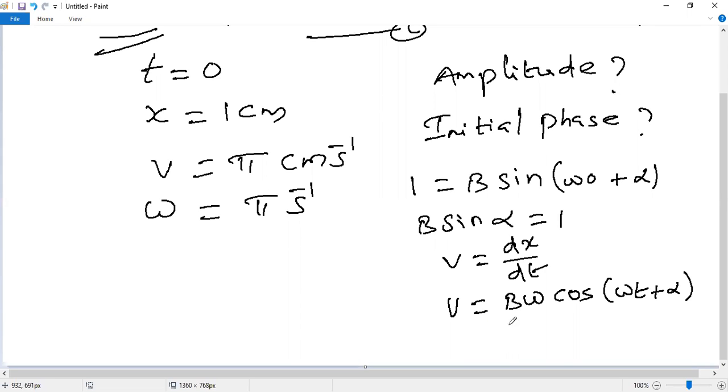This is velocity. Okay, now we can apply the value of t equal to 0 and v equal to pi. Then you will get b cos alpha equal to 1.